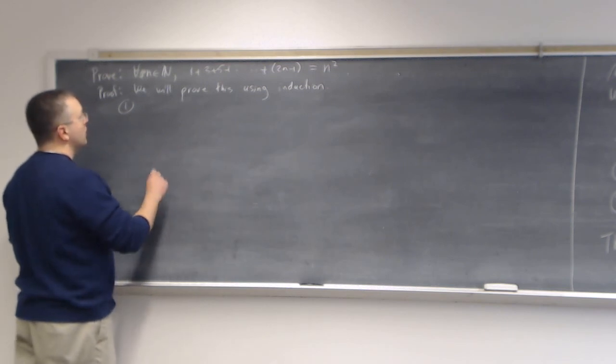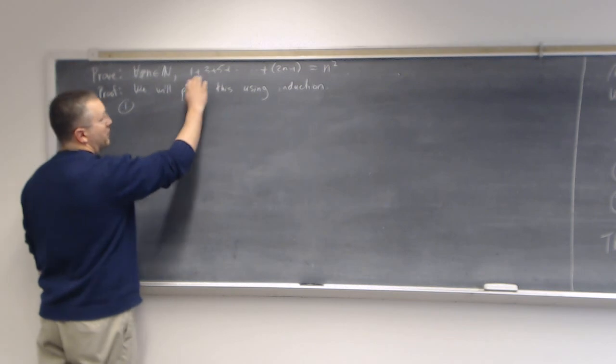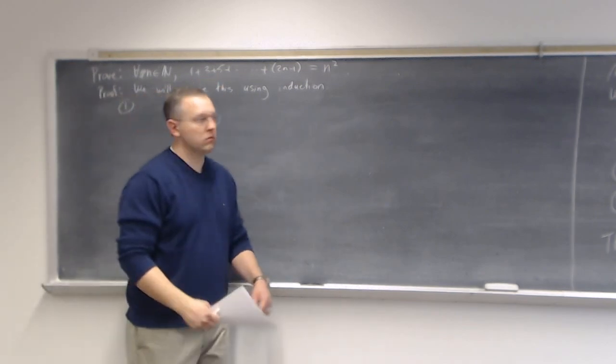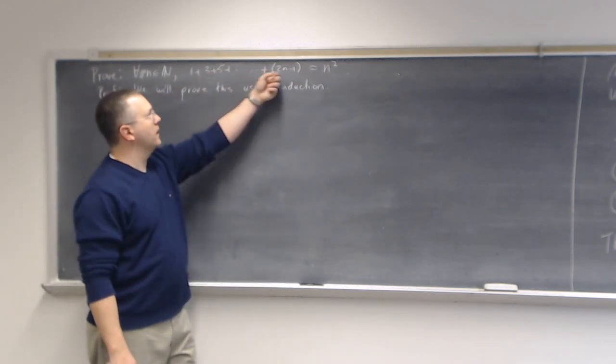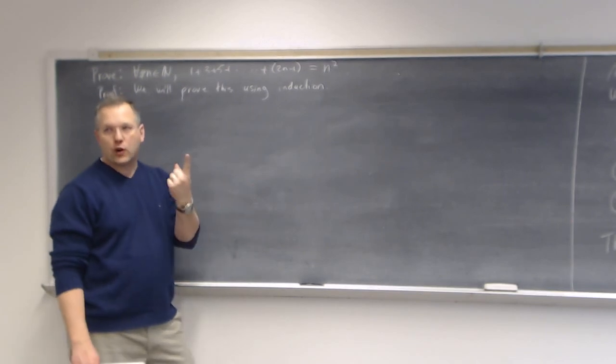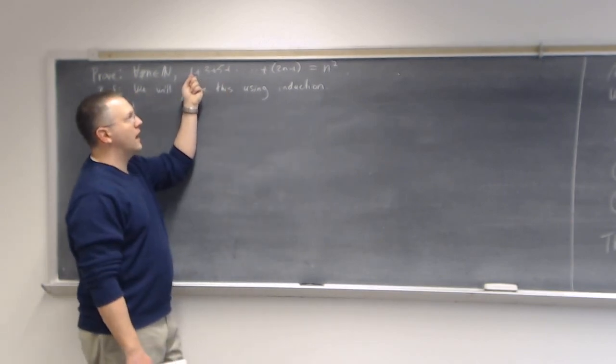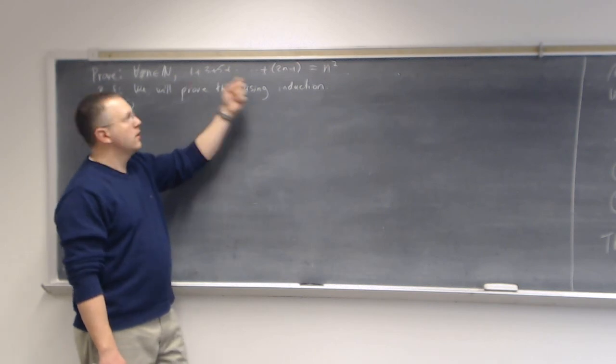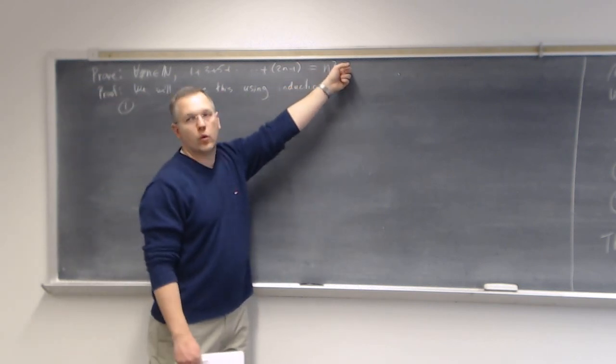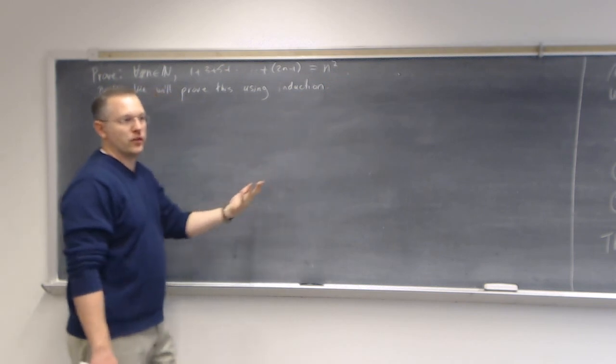So first we need to verify that this statement is true when n equals 1. Well, the left-hand side, we're basically saying the sum of the first odd number, so the left-hand side is just going to equal 1. The right-hand side will equal 1 squared. So it's trivial, right?